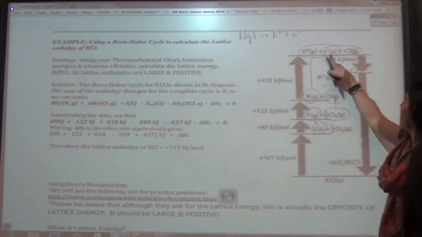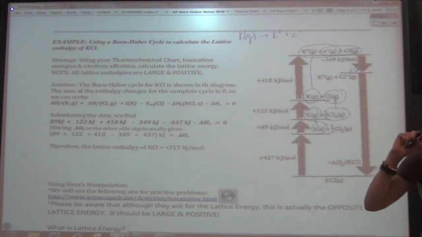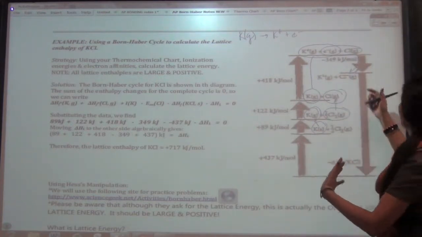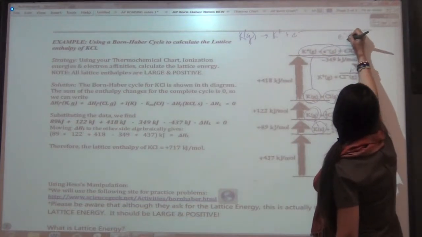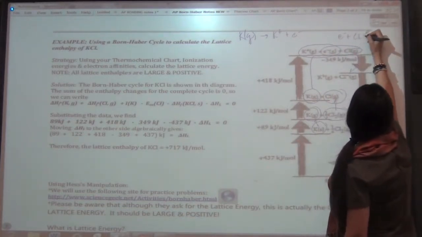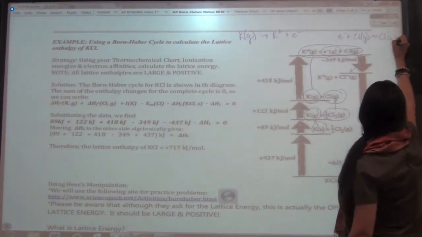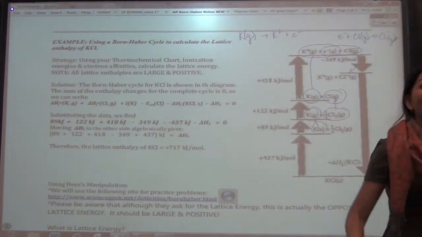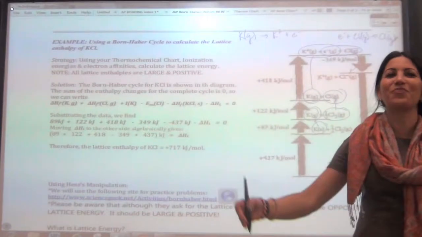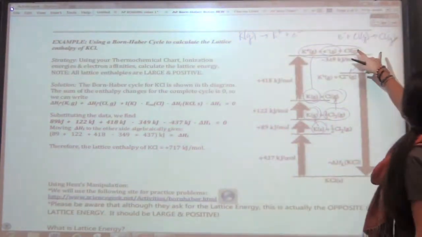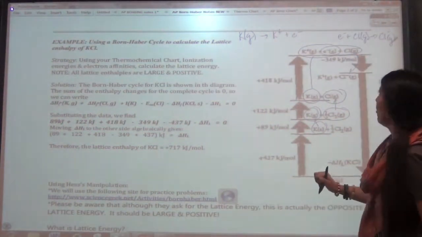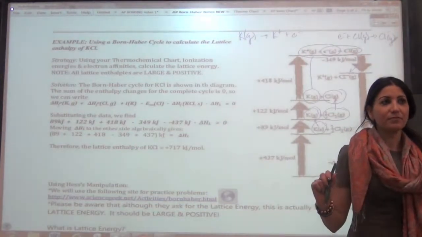So it's kind of like this part here now becomes Cl minus. Well, if I pull that one out, it looks like an electron plus Cl gas yields Cl minus gas. What is this called? There we go, electron affinity.